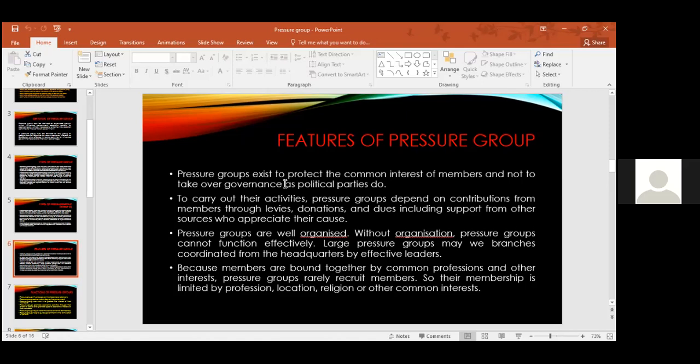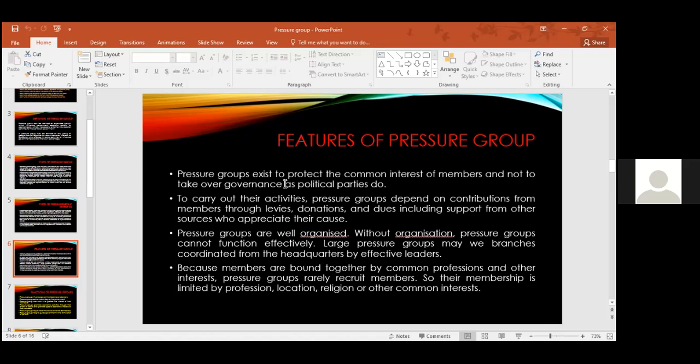Number two feature: to carry out their activities, pressure groups depend on contributions from members through levies, donations, and dues. In almost all pressure groups, they tend to tax themselves, like dues in churches or fellowships, where workers are told to pay a particular due.